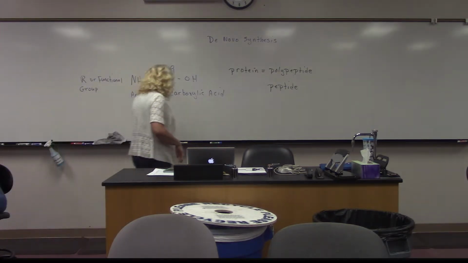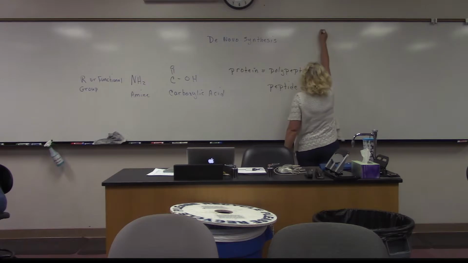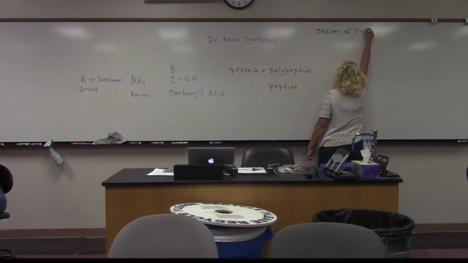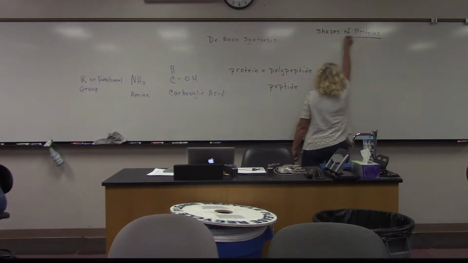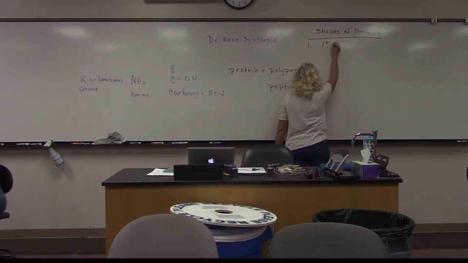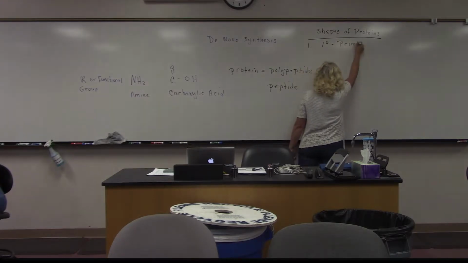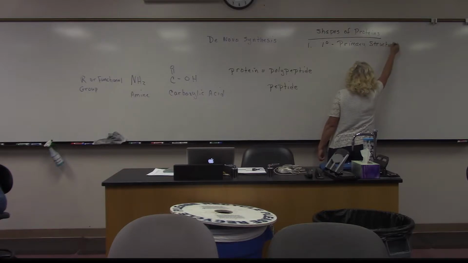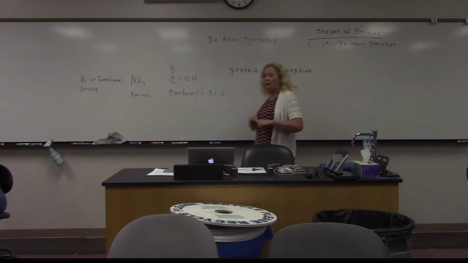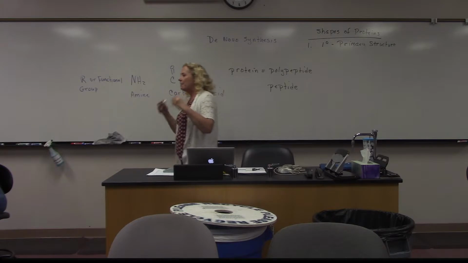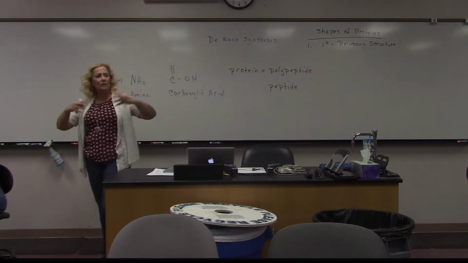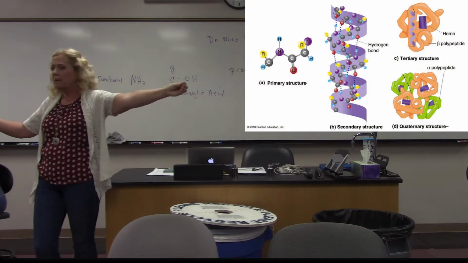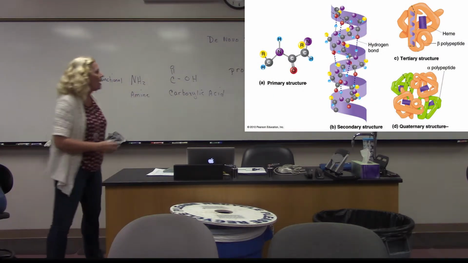So we have what's referred to as the primary shape or the primary structure of a protein. And this is where you're just taking amino acids and bonding them together, and you're getting this long chain of amino acids. Almost looks like you have this big strand of pearls type of thing. Okay? This is your primary structure.